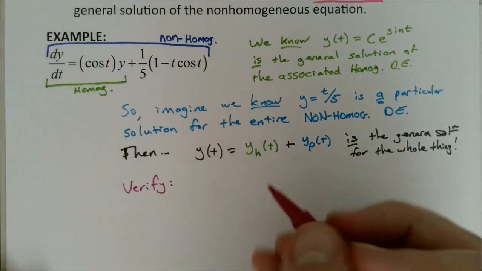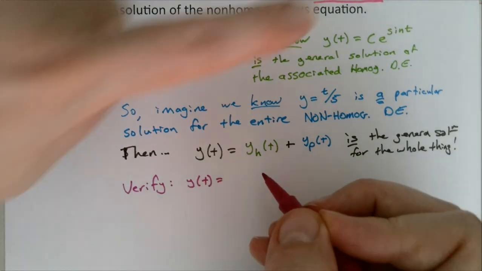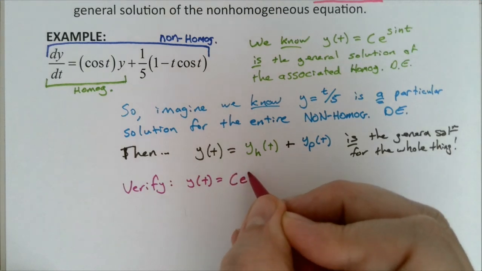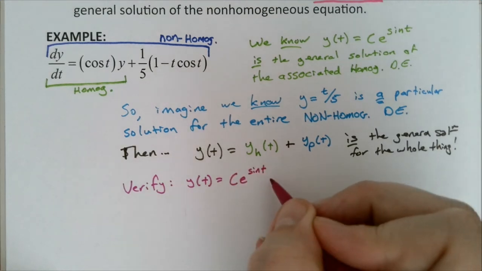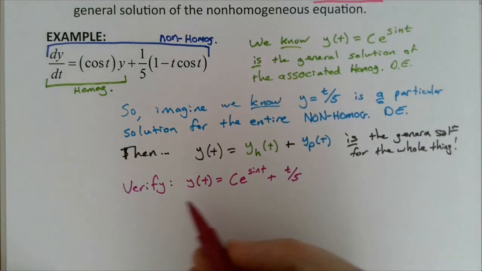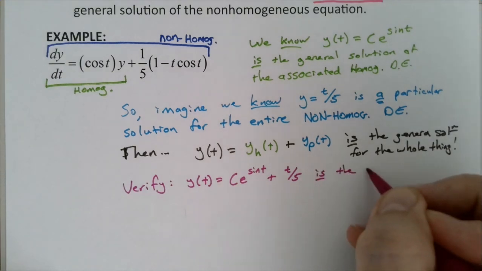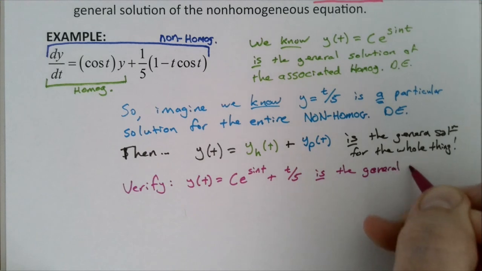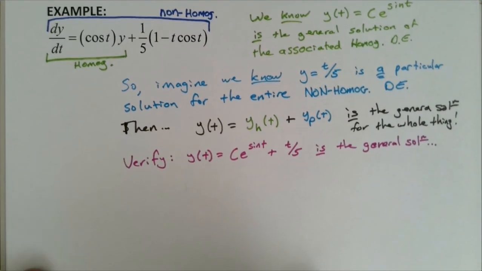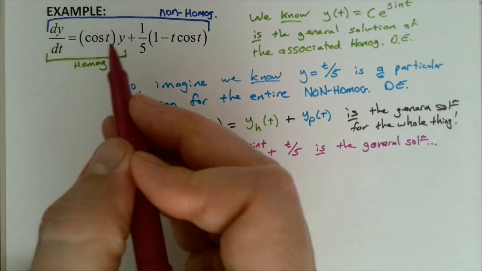We're going to verify that y of t equals my original general solution for the homogeneous part, c e to the sine t, plus my particular solution, which was t over 5. We'll do that by plugging it in everywhere there's a y in this equation.